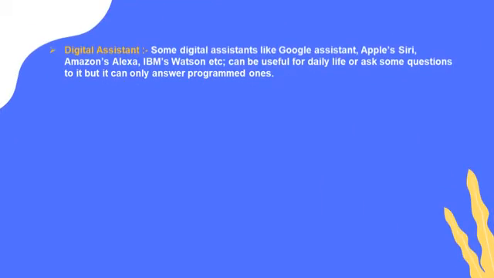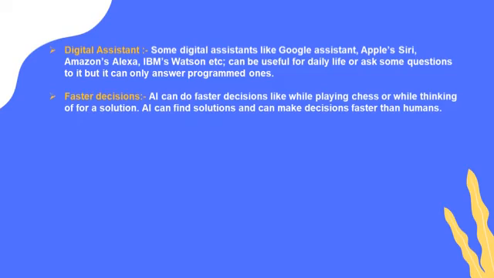Digital assistants like Google Assistant, Apple Siri, Amazon's Alexa, IBM's Watson, etc. can be useful for daily life, or you can ask some questions to them, but they can only answer programmed questions. Faster decisions. AI can make faster decisions, like while playing chess or while thinking for a solution. AI can find solutions and can make decisions faster than humans.